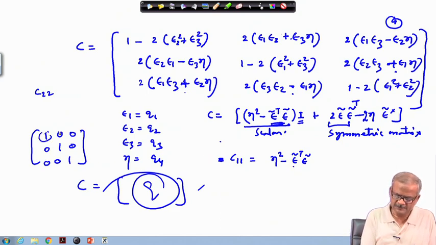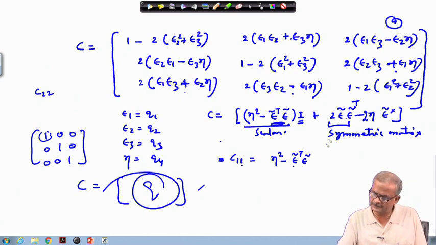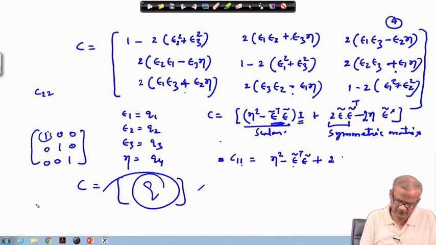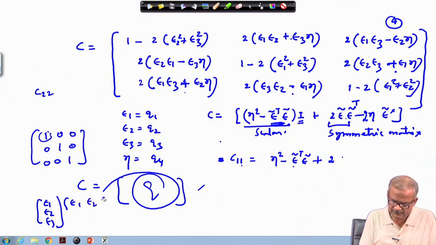So, only this term is related to the component C 1 1. Then the other term which we need to pick up from this place will be 2 times. Now, the first term of this will be epsilon 1 square. You just look into this, epsilon 1, epsilon 2, epsilon 3 and epsilon 1, epsilon 2, epsilon 3. So, the first term will be epsilon 1 square.